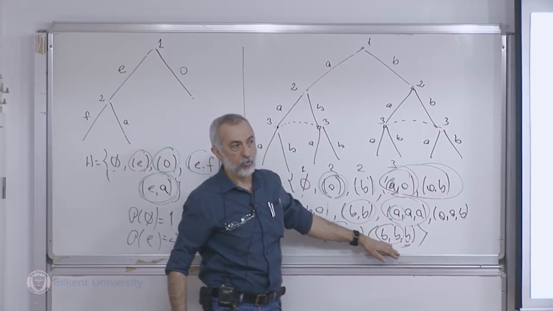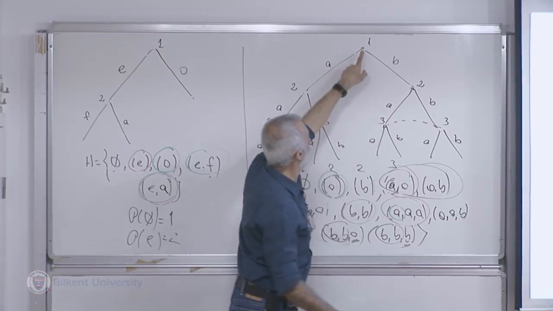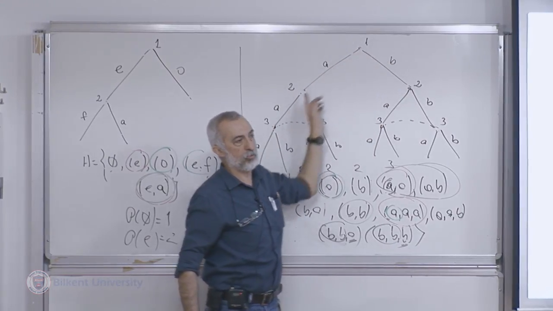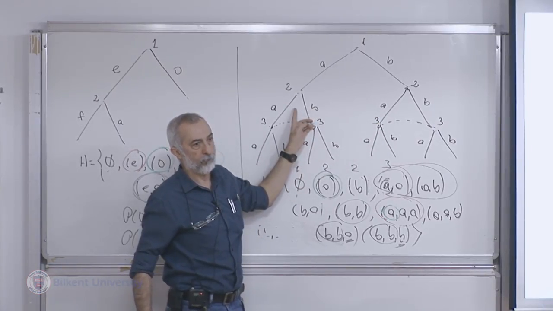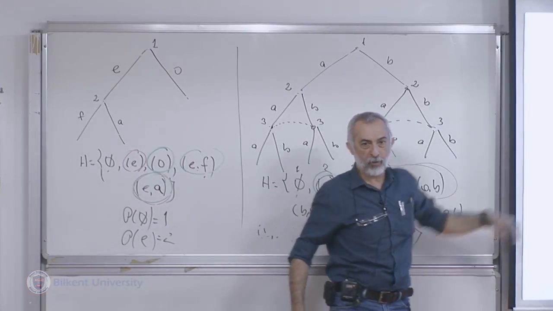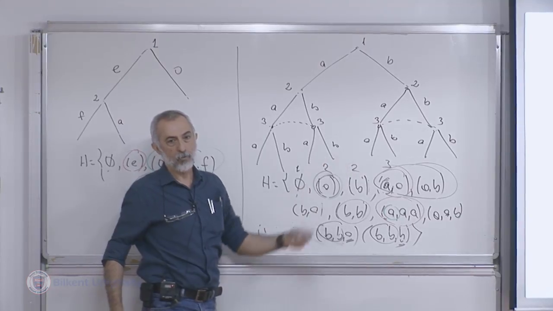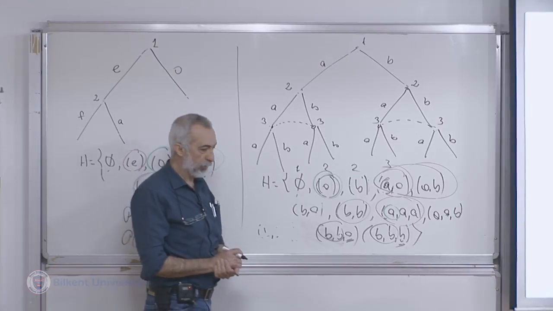So again, we took care of this function by labeling the non-terminal nodes. So the mathematical structure is a bit complicated, but the picture is actually pretty simple. So far, so good?